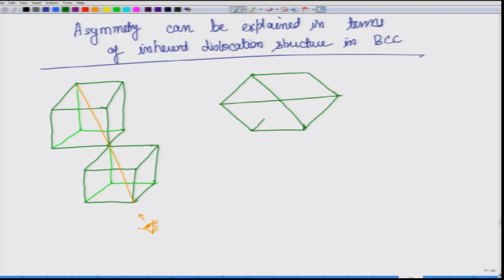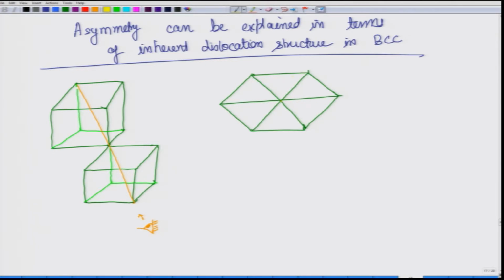And let me try to explain what you are seeing here. This is one end, this particular end, and below this is the other end. This is one face, and this is another face, this is square, this is another face, and this is the face on one side.